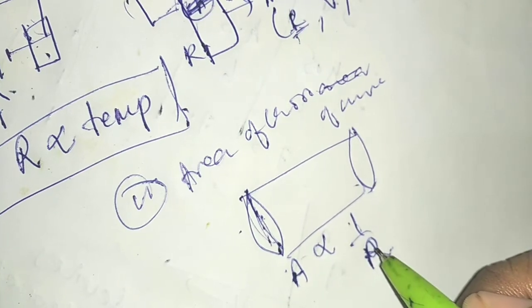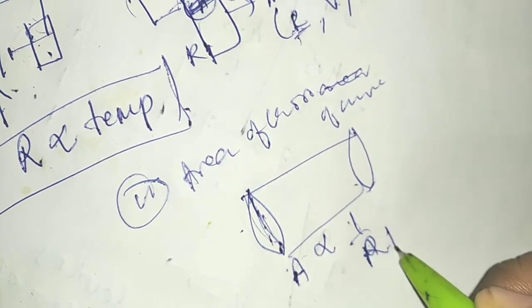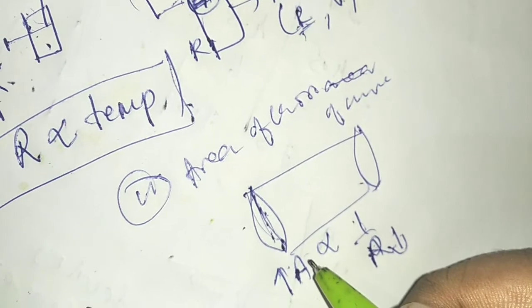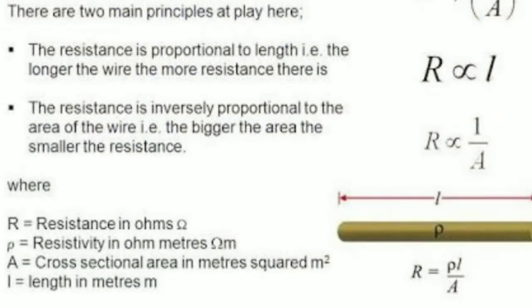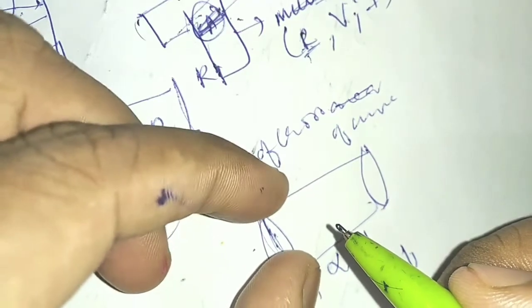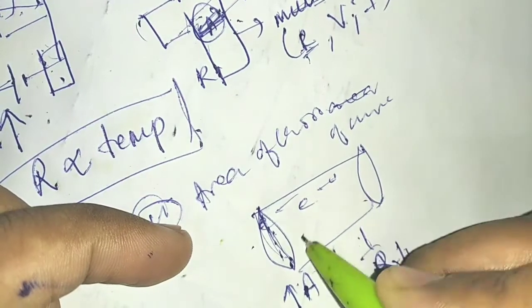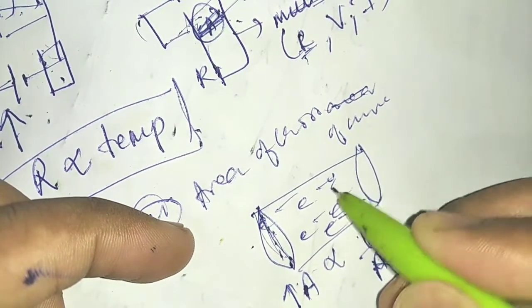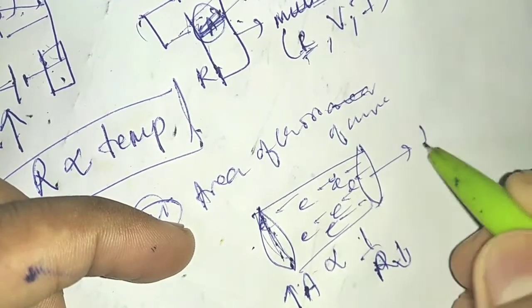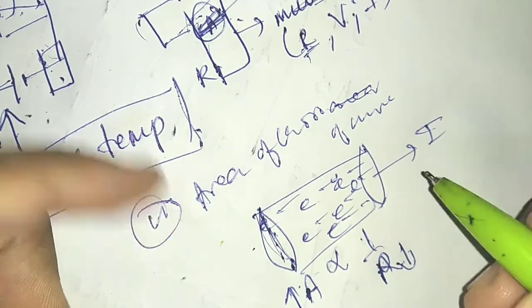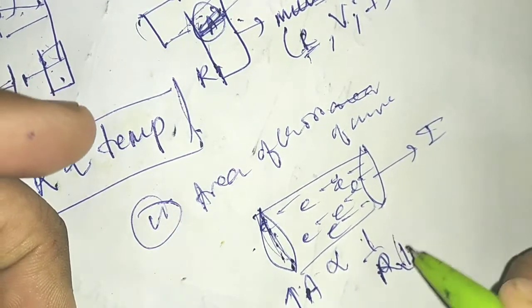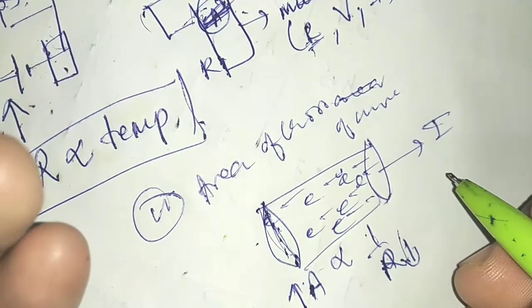Less is the area, more is the resistance; more is the area of cross section, less is the resistance. You can understand it like this, students. If the area is more, that means more electrons can enter. If more electrons can enter into the conductor, then there will be more current flowing, right? So when there is more current flowing, the resistance value will obviously decrease, right?